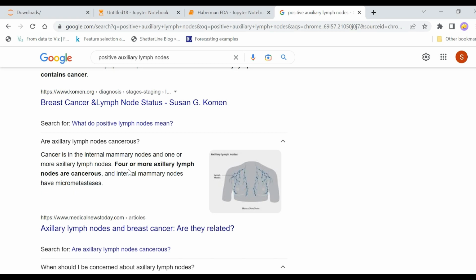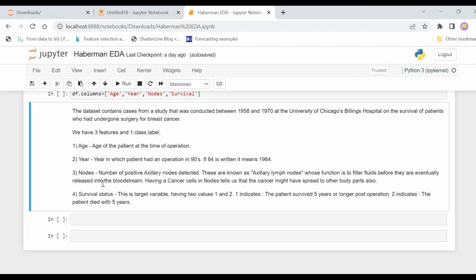You can see various kinds of feature information which you can get from Google. So positive lymph nodes are such.